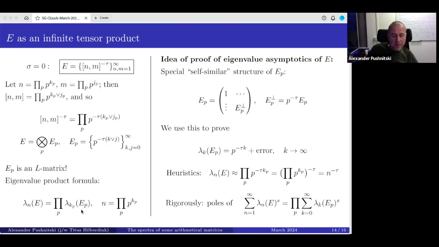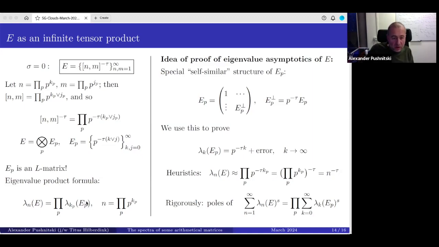Then you multiply them in this way, and you get the nth eigenvalue of E. So this is part of what we prove, but it's based on this factorization, on this simple identity. In particular, it means that if you want this to make sense, then lambda 1 of EP should better converge to 1 pretty fast, because otherwise this infinite product will not converge. And this is indeed the case.